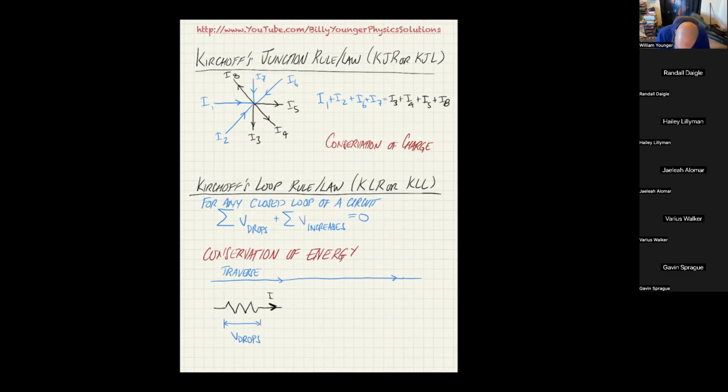Now, if you get to another part in the circuit, and this time the current is going this way, then this is a voltage increase.